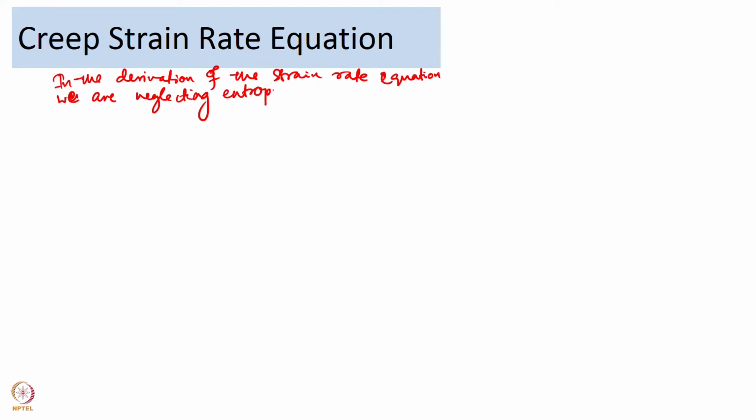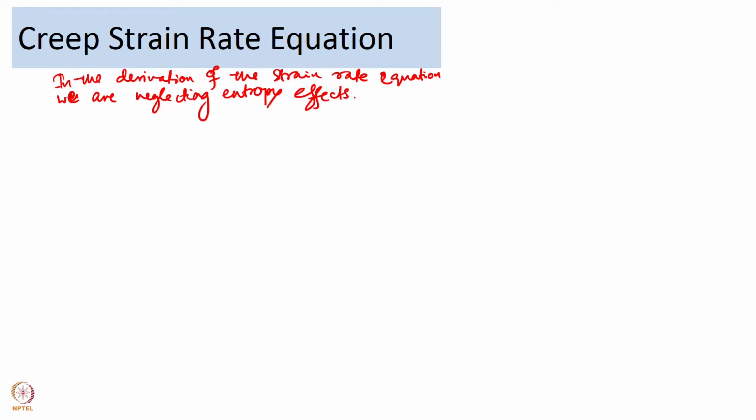So, in the derivation of the strain rate equation, we are neglecting entropy effects. We are talking about point 1 and point A and point C, and we said both A and C are at a low energy configuration.